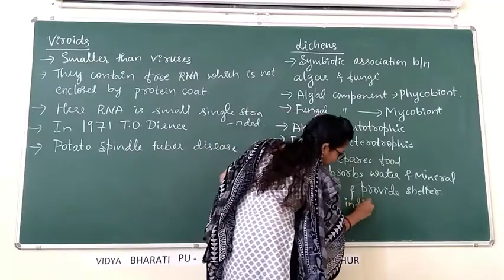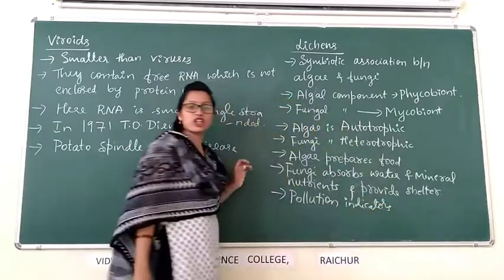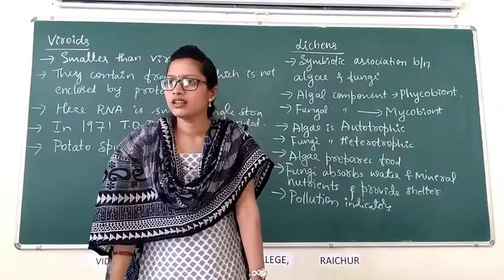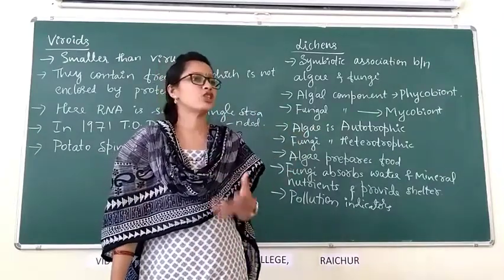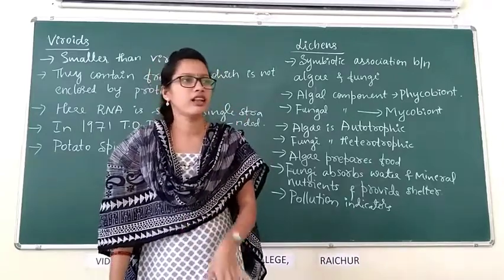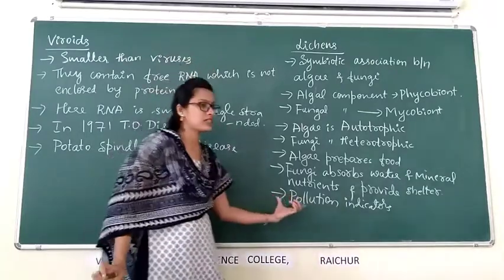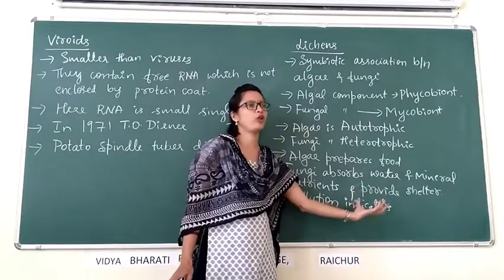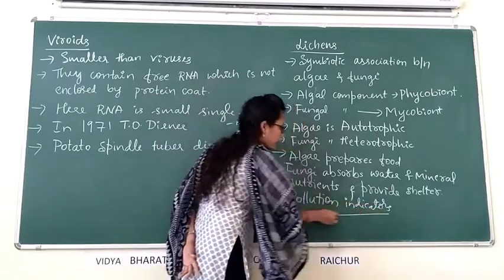The growth of lichen in a particular area shows that the area is free from pollution. If there is no growth of lichens in a particular area, it indicates that the area is completely polluted. Lichens do not grow in areas having a lot of pollution, so they are called pollution indicators.